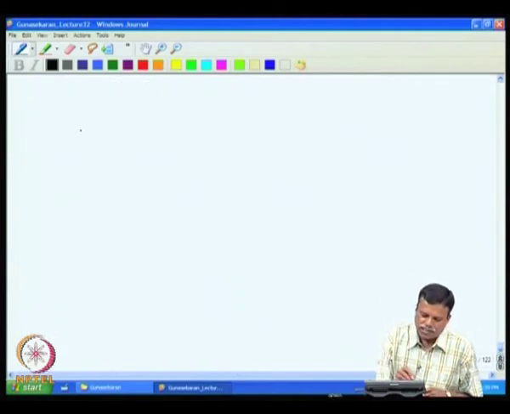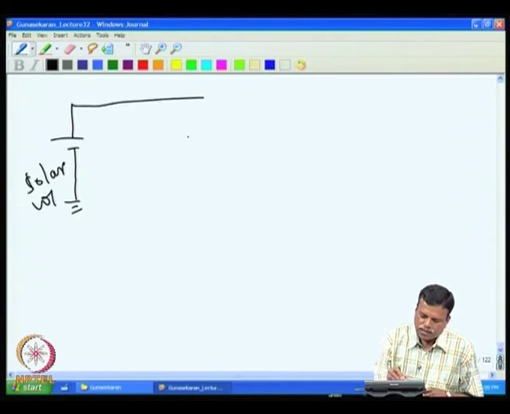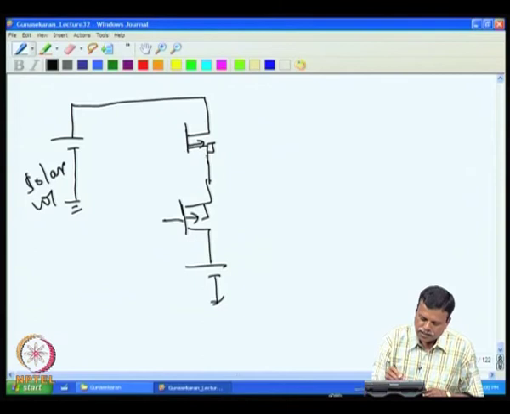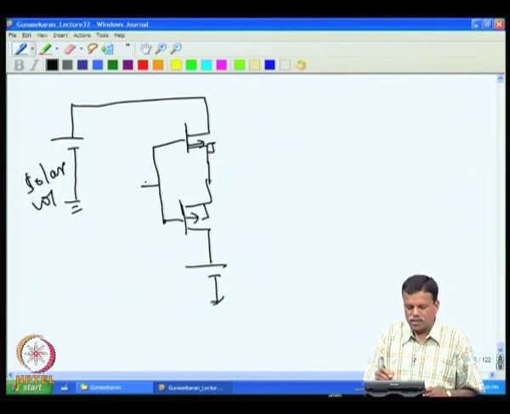For example, if you are charging the battery, this is the panel voltage, the solar voltage. Normally, we connect the MOSFETs like this, back to back, and this side we connect to the battery, and the two gates are connected here.